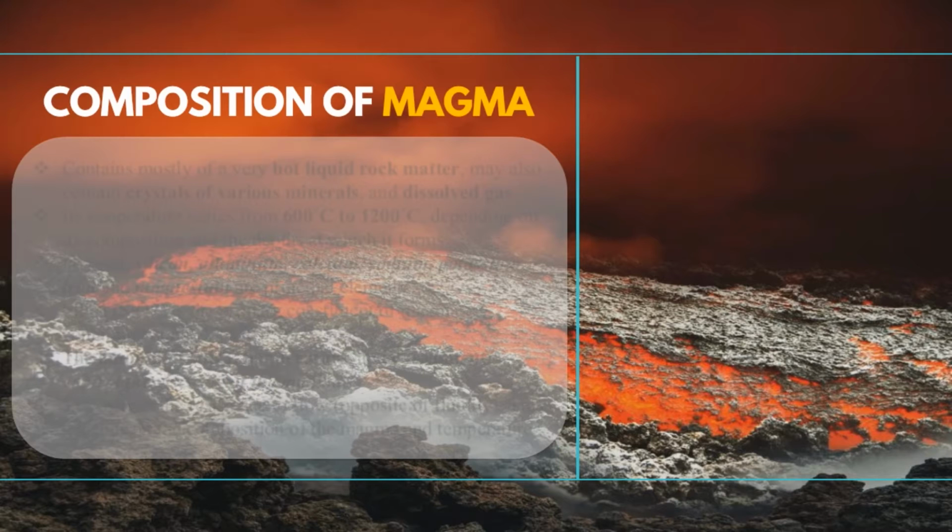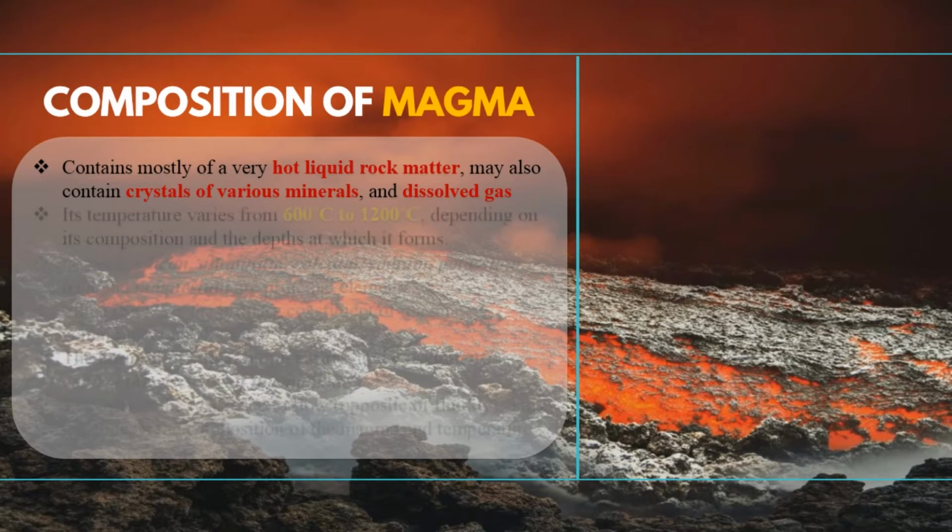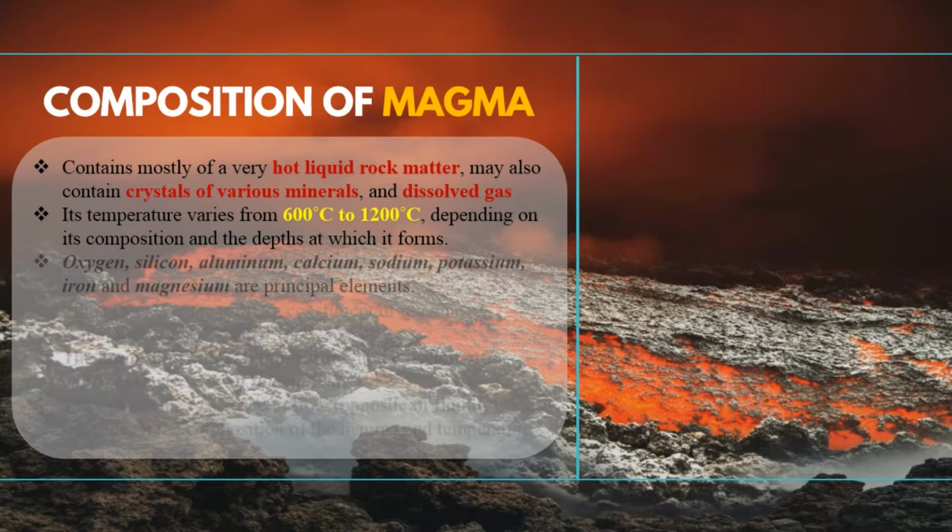In terms of the composition of magma, it contains mostly very hot liquid rock matter, minerals, and dissolved gas. Its temperature varies from 600 degrees Celsius to 1000 degrees Celsius depending on its composition and the depths at which it forms.